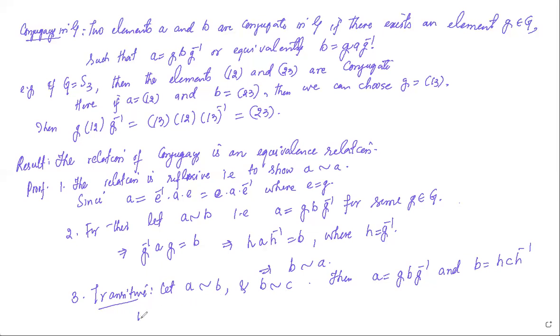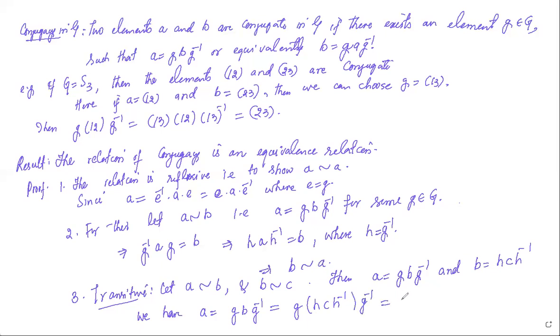So we have A is equal to g B g inverse. This can also be written as g, but B is equal to H C H inverse, so this is g H C H inverse g inverse.